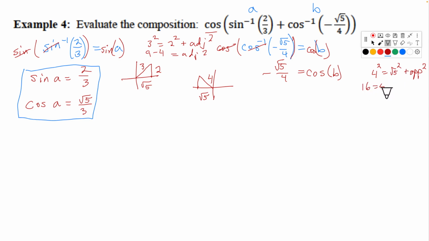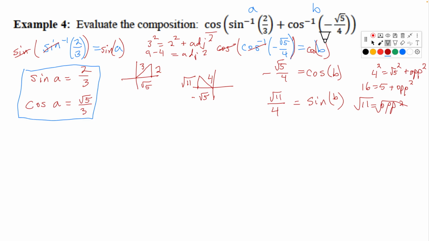Square root of 5 squared is 5 plus the opposite squared. So subtract 5, that'll give us 11, the opposite side squared, so square root of both. So the opposite side is square root of 11. And so then we can say that the sine of B, and so the square root of 5 is negative, square root of 11 would be positive because it's going up, so that's going to be square root of 11 over 4.